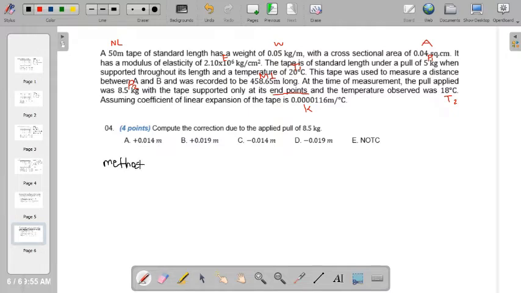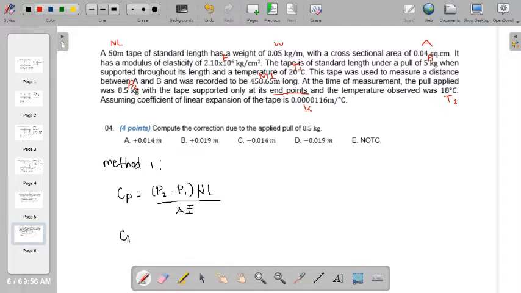Let's try two different methods. Method one, you use the same formula, wherein C sub P, small p because you're just going to consider the 50-meter tape, is equal to P sub 2 minus P sub 1, multiplied by the nominal length, and then divided by the cross-sectional area times the modulus of elasticity.